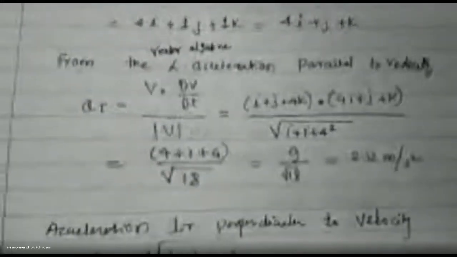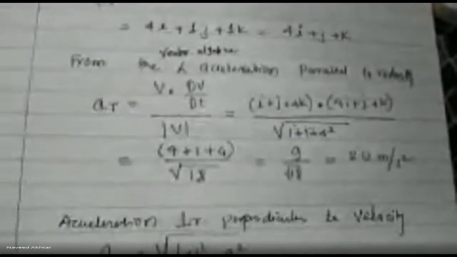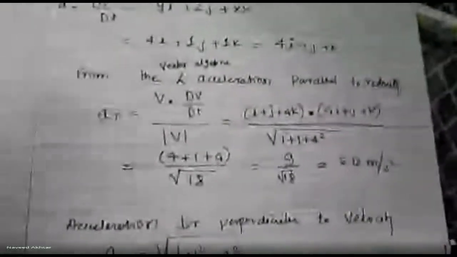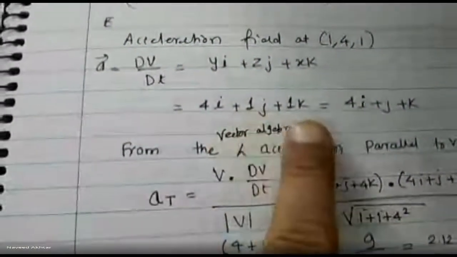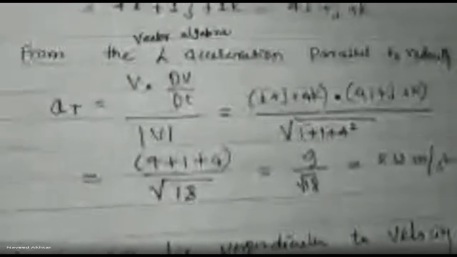So if you write it here, i plus j plus 4k dotted with dou v by dou t, the acceleration field we found here, 4i plus 1j plus 1k, that is 4i plus j plus k, divided by the resultant of velocity, under root of x square plus y square plus z square, so here 1 square plus 1 square plus 4 square.